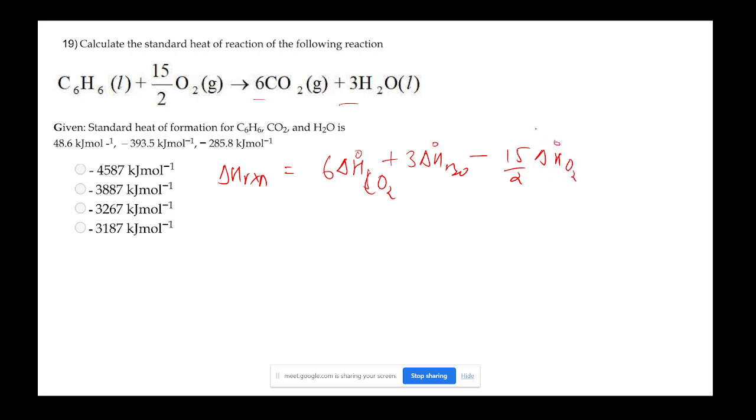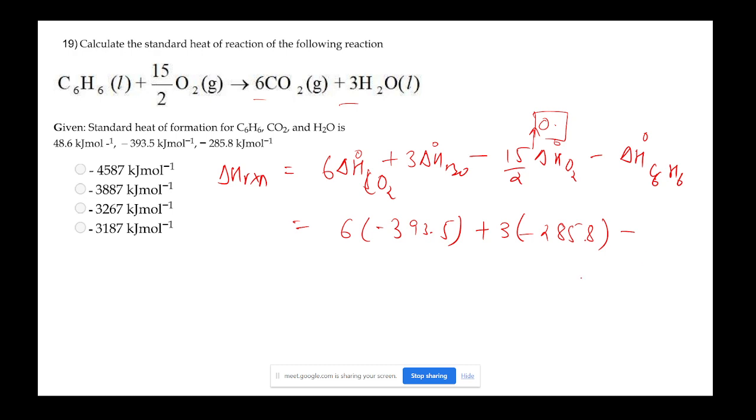Now for O2 it will be 0. You should always keep in mind that since O2 is the elemental form which is available in nature, its value will be 0. Minus delta H C6H6. So 6 into minus 393.5 plus 3 into minus 285.8 minus 48.6.